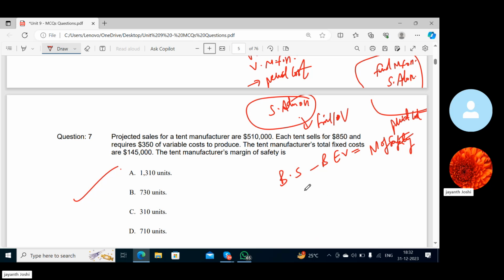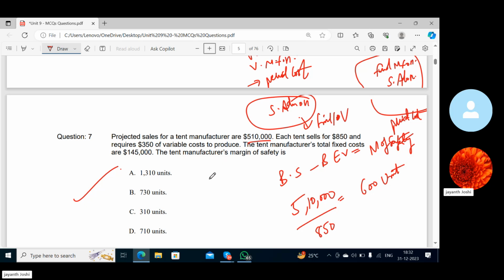Budgeted sales, did they give? Yeah, 5,10,000. They are selling it for 850 per unit. So how much? 600 units, right? Yes. And break even is what?